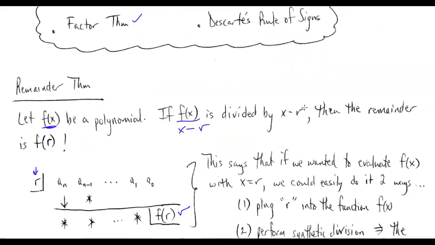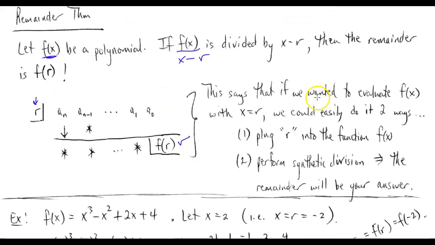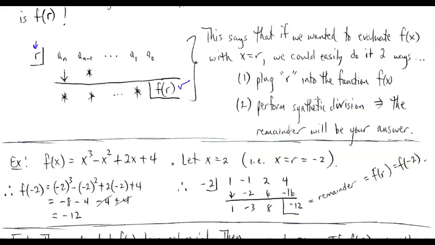So this particular theorem, the remainder theorem, just basically says, hey, there's another way for us to evaluate polynomials without us actually having to plug in the values of x and do all that computation. So as an example here, if I was to plug in a -2 here, you can't really see that, but there should be a -2.